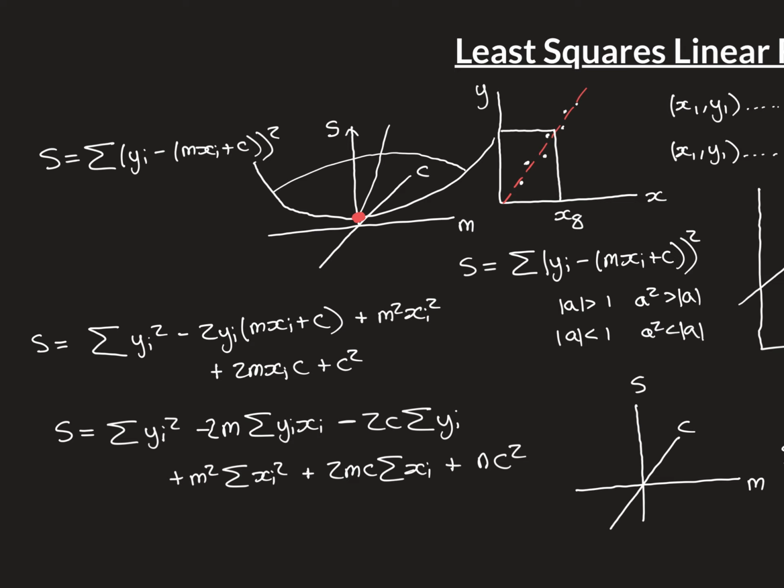So wherever the true minimum of this function is, it's going to be a place where the tangent plane to the surface is the level plane, i.e. it's not slanted at all. Its gradient is 0 in both the m direction, the x direction, and the c direction, the y direction.